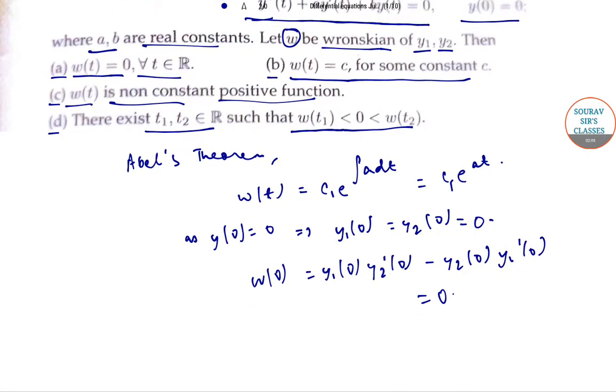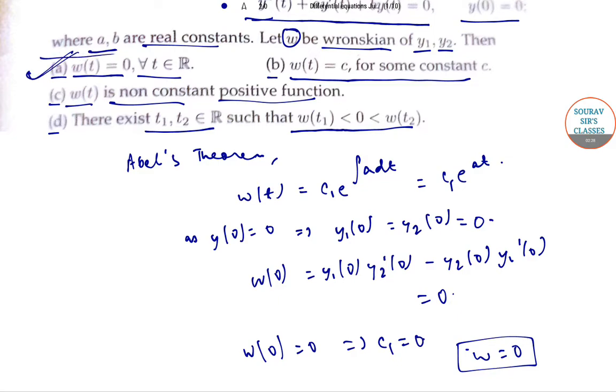Now putting this value, we get W(0) is equal to 0, which implies C1 is equal to 0. So W is equal to 0 is the correct answer. Therefore, option A gives us the correct answer.